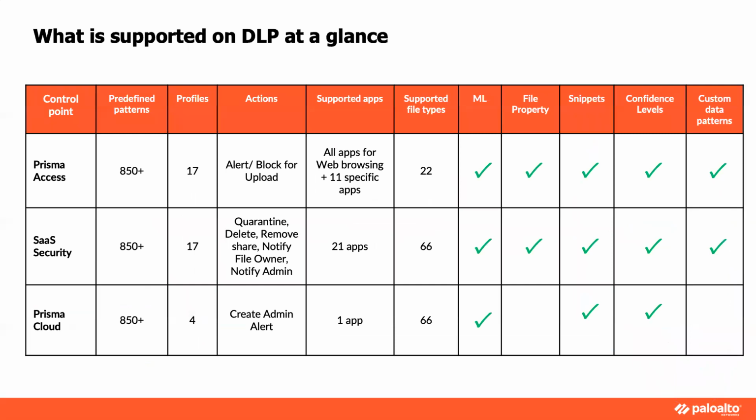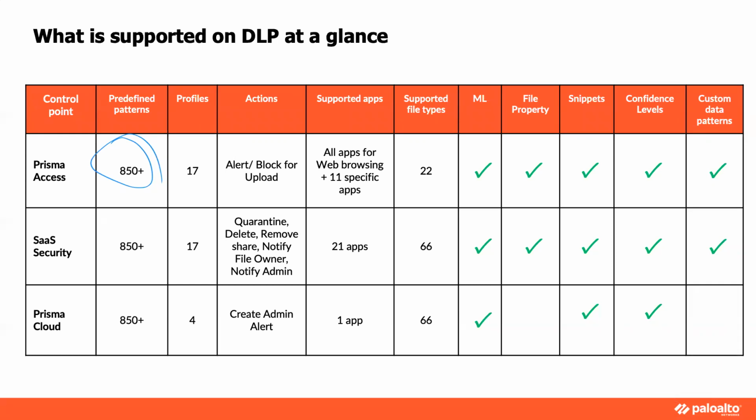And then Prisma Access. There's about 850 predefined patterns that can be used in 17 different security profile types. We have actions to alert or block file uploads and downloads, supported through all of our web browsing based apps, which is a large number of our app IDs.